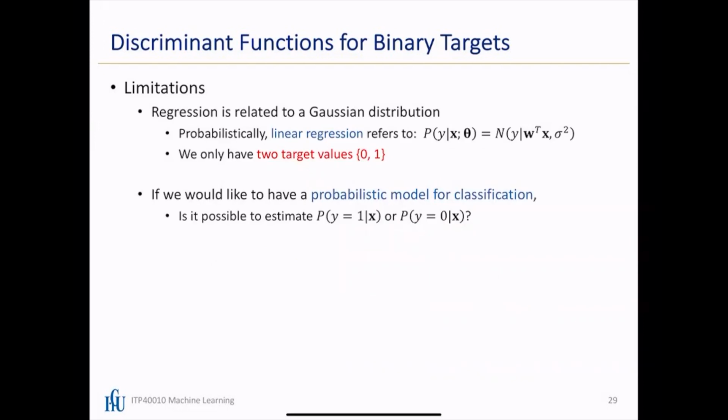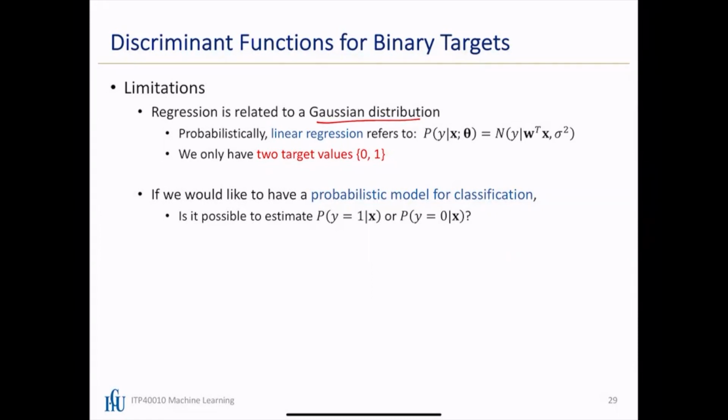So you could build a linear classification model using the same linear regression algorithm. So you don't need to develop a new algorithm to build a classifier. Well, maybe that's a good thing. But at the same time, it has a limitation. Regression is related to Gaussian distribution. Each time you are building a linear regression model, you are assuming there's a Gaussian distribution behind the entire data set.